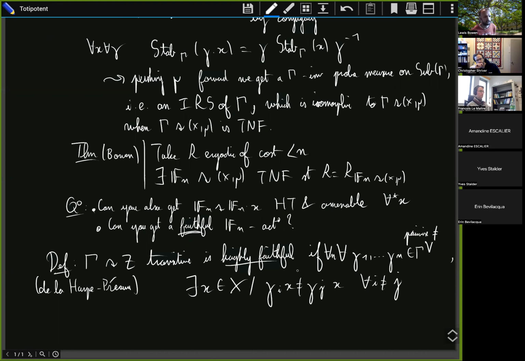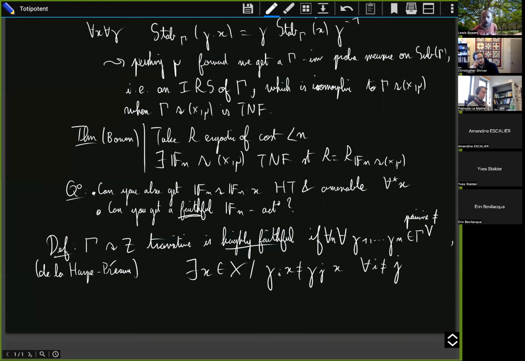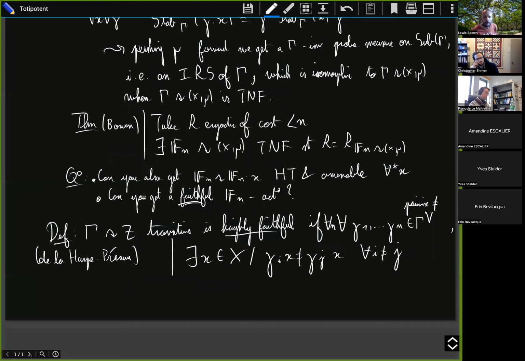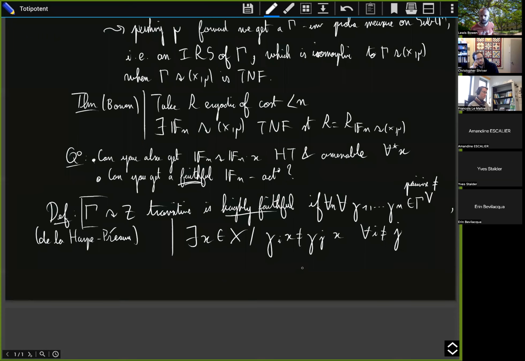I want that they send x to a different point. Okay. And so this is a kind of dual to high transitivity.